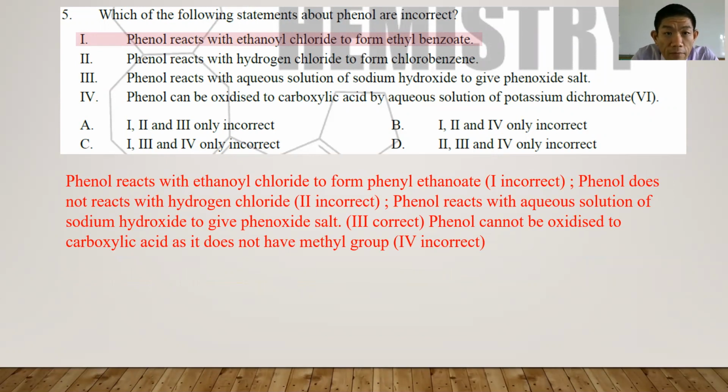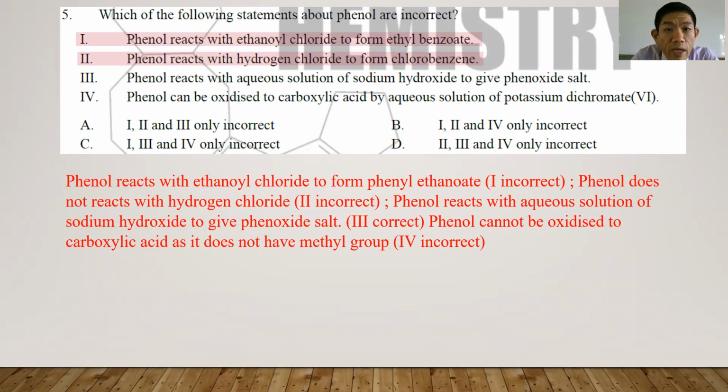As for number 3, phenol reacts with aqueous sodium hydroxide to give a phenoxide salt, which is true. Oh, we are looking for the incorrect statements, sorry, so going to reverse again. Phenol reacting with ethanoyl chloride to form ethyl benzoate is not true, because it will form what we call phenyl ethanoate, not ethyl benzoate.